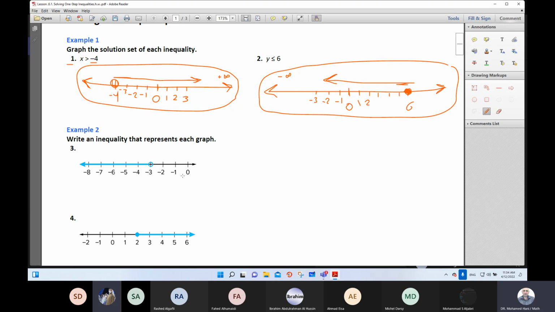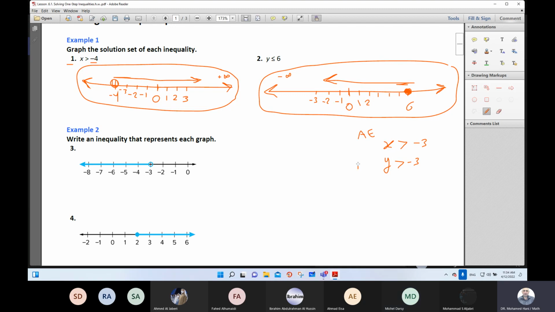Mister, can I say it for you? Yes. It is x bigger than -3. What is your name? Ahmad. Thank you, Ahmad. Mister, I got y is bigger than -3. It's the same thing. What is your name?